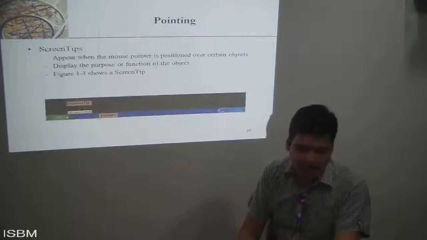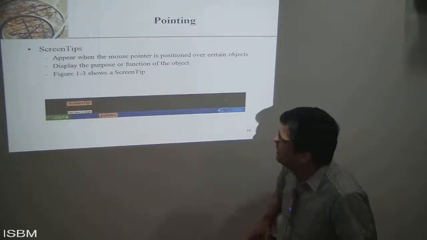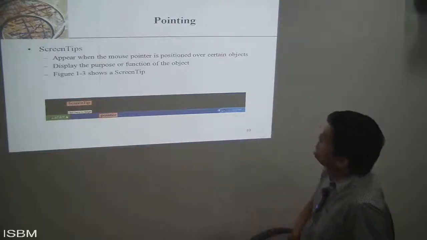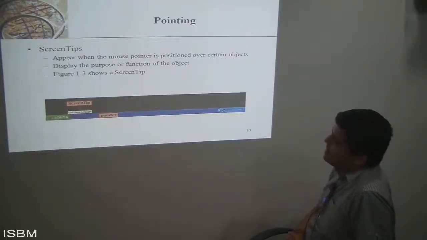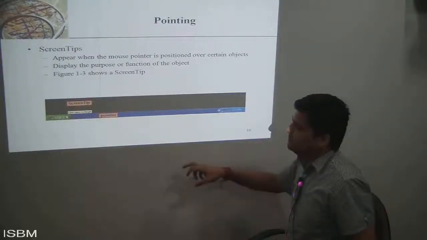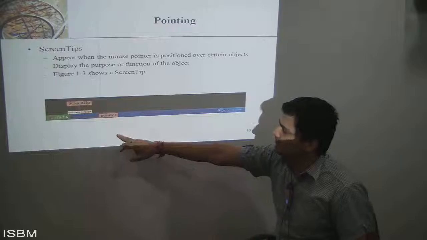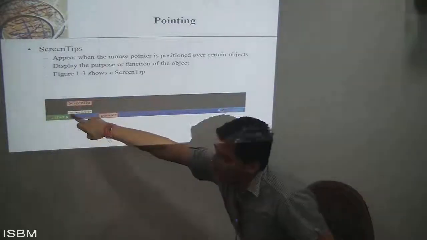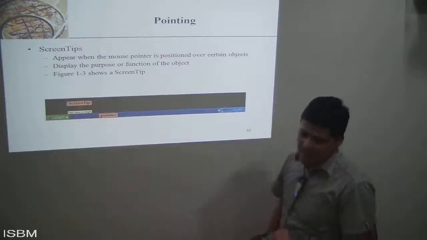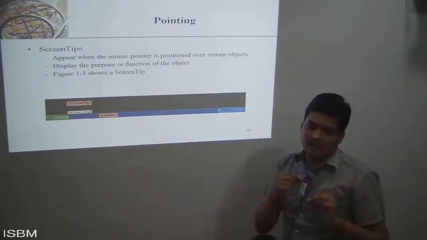This is pointing. Fourth one is the screen tips. These are screen tips. Screen tips appear when the mouse pointer is positioned over certain objects and display the purpose or function of the objects. See, this pointer has come here to the start point. It is pointing to the start point. And screen tip: Click here to begin.